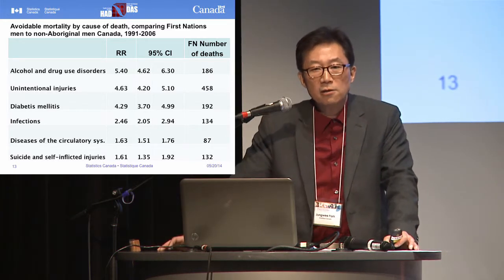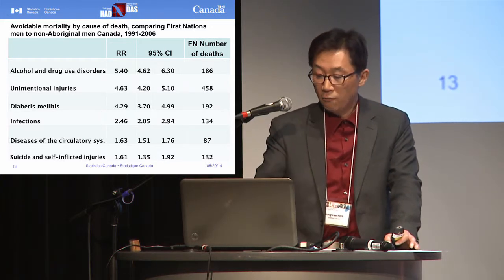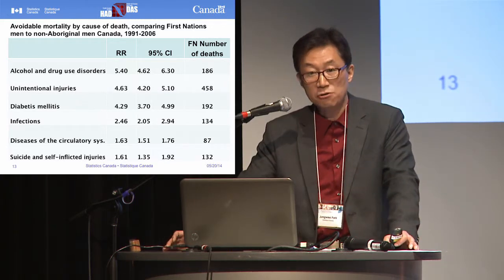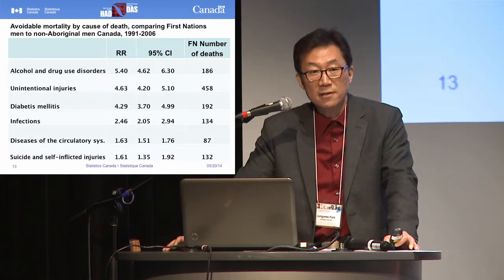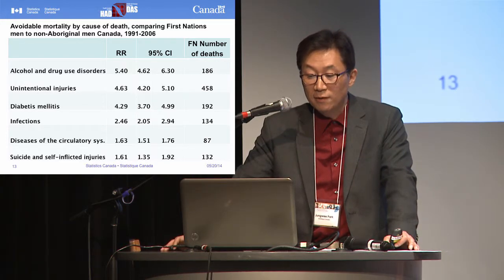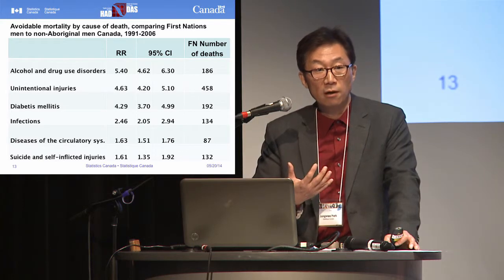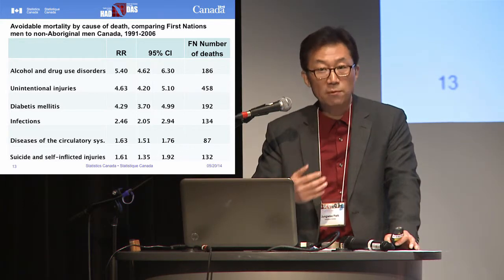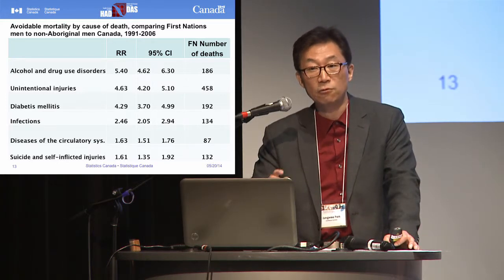And the Health Canada colleagues mentioned this table. We have suicide and self-inflicted injuries as one of the important causes in avoidable death differences. But remember, because of our data set, our study only included the adult population, 25 to 75.